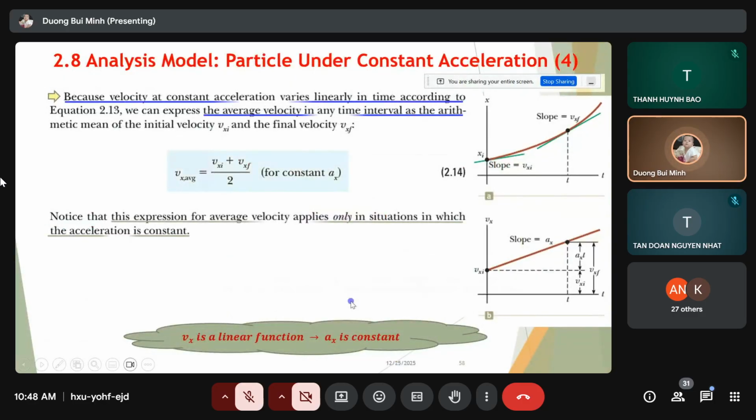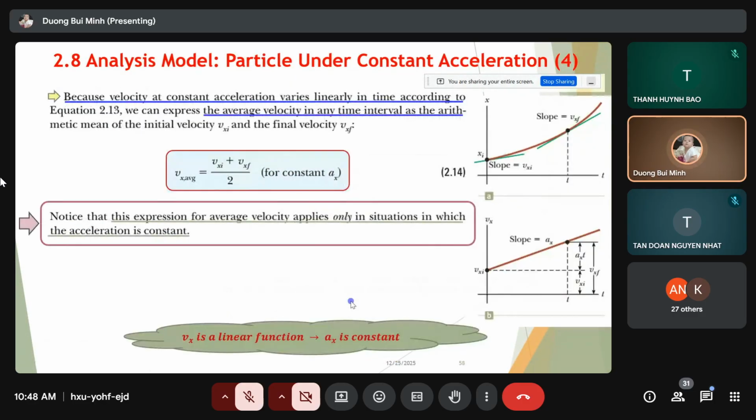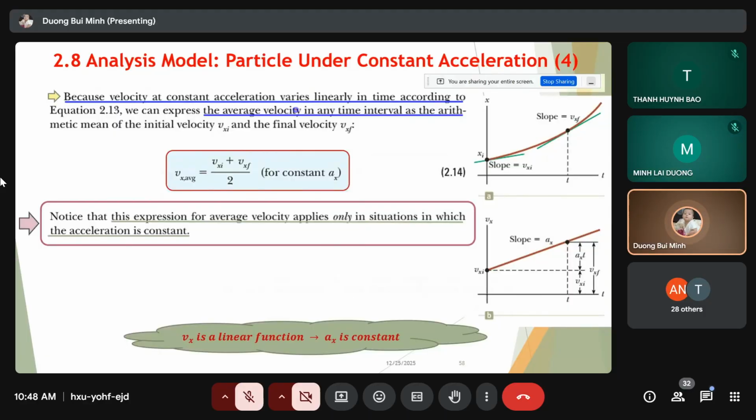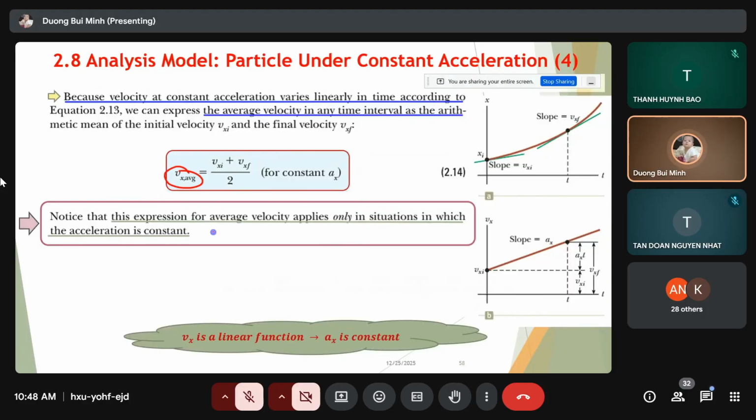Now we have the second equation. We talk about Vx average, because this is linear. If here is Vxi and here is Vxf, we get Vx average here. Vx average is Vxi plus Vxf divided by 2.